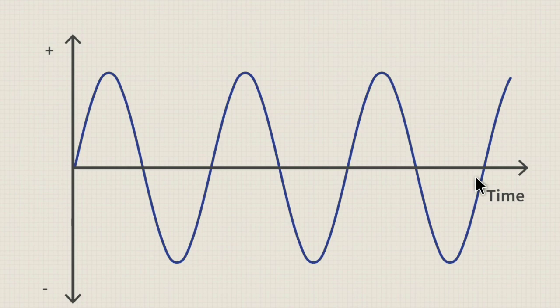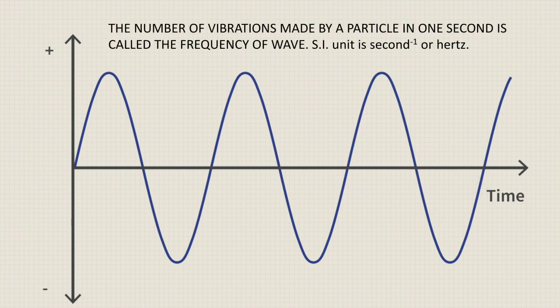So the number of vibrations made by a particle in 1 second is called the frequency of the wave, and its SI unit is per second. If the frequency is 3, then it will be 3 per second, 3 waves per second, or simply hertz. So instead of per second we can say 3 hertz.